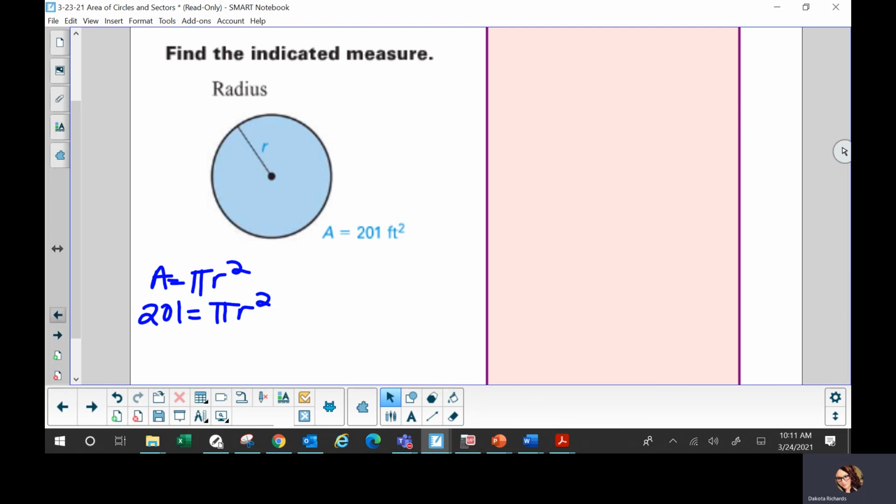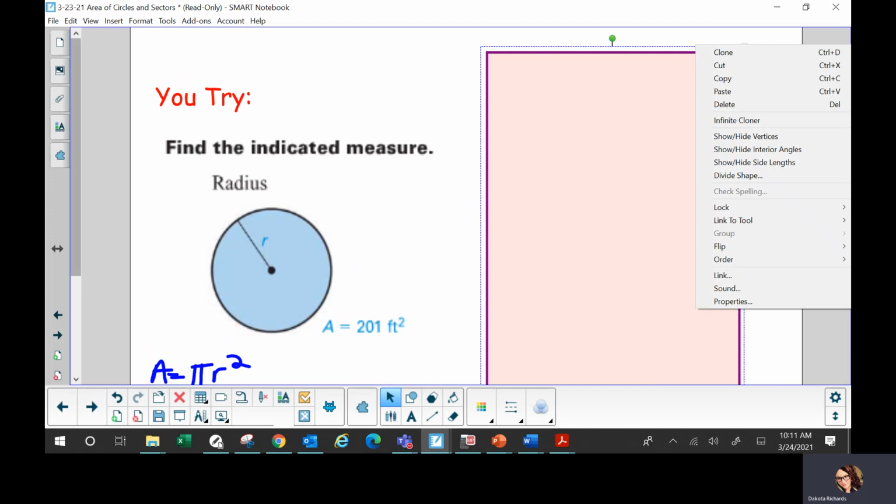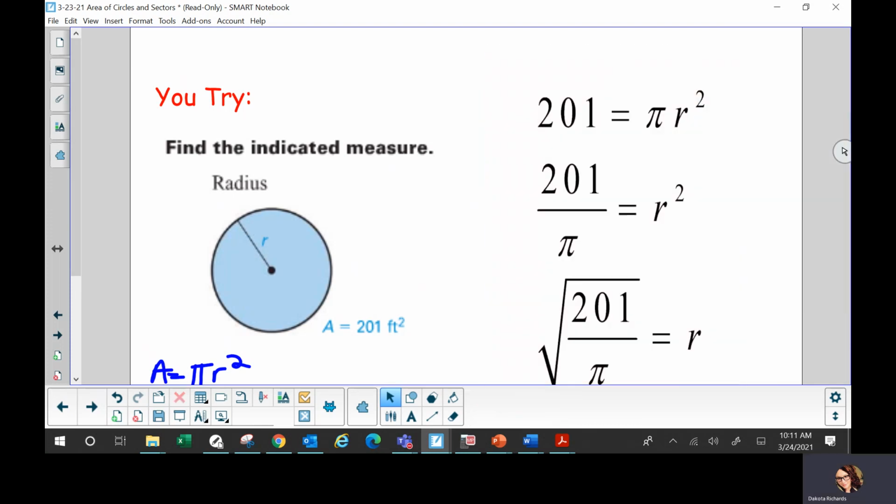I've given you the first step. What do you do from here? Divide by pi, right? So 201 is your area.